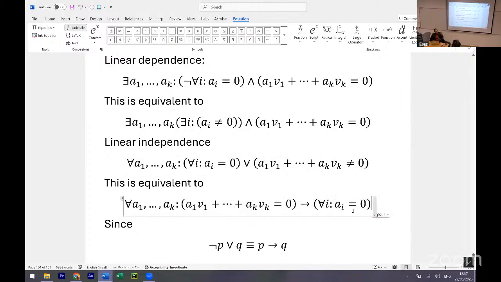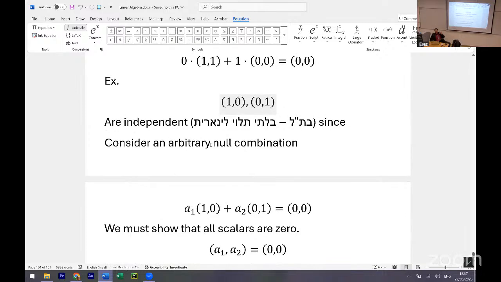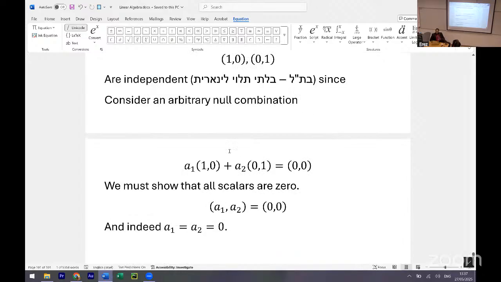And that is the way I just described linear independence in the example above. I said, let's take an arbitrary null combination, and I wish to prove that it implies that all the coefficients are zero, all the scalars are zero, and that's exactly what I did.